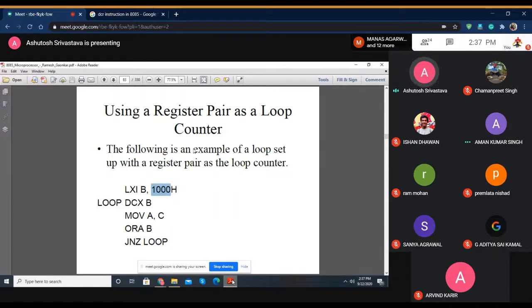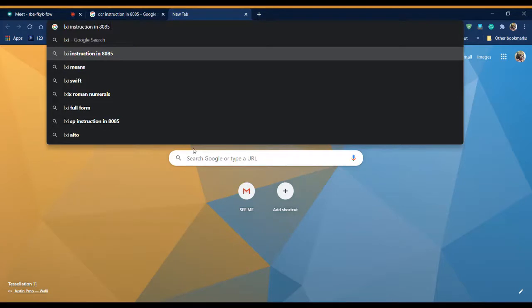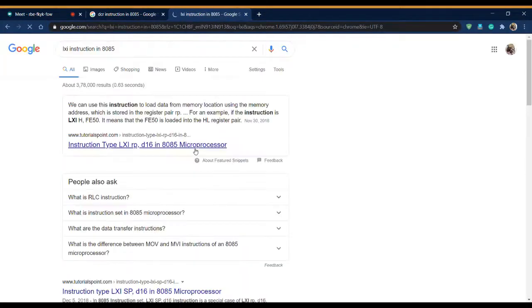Anybody else? What does the first statement imply? Loading the 16-bit number which is given, 1000H, into register pair B. Register pair BC, sir.